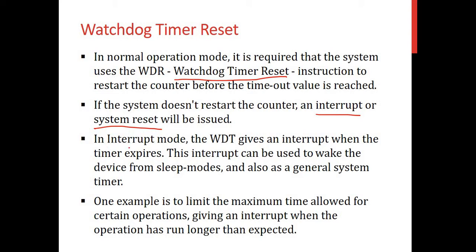In the first mode, interrupt mode, the watchdog timer gives me an interrupt when the timer expires. In just pure interrupt mode, this is basically something like your timer 0 interrupt or timer 1 interrupt. Once it counts down to 0, I issue an interrupt. So this can be seen as an alternative to using timer 0 or timer 1 or timer 2.